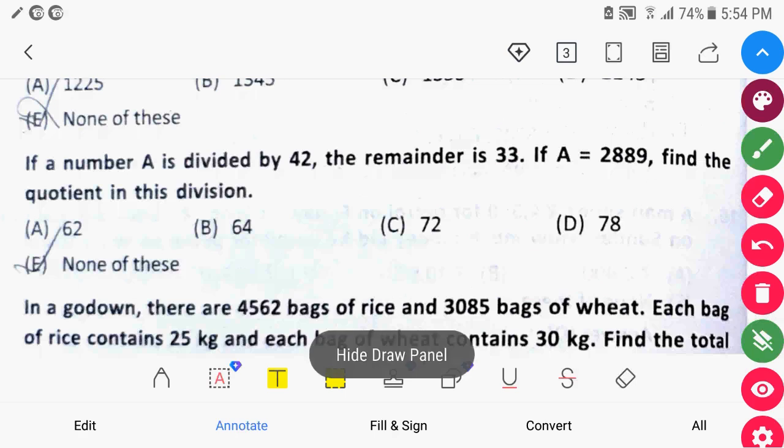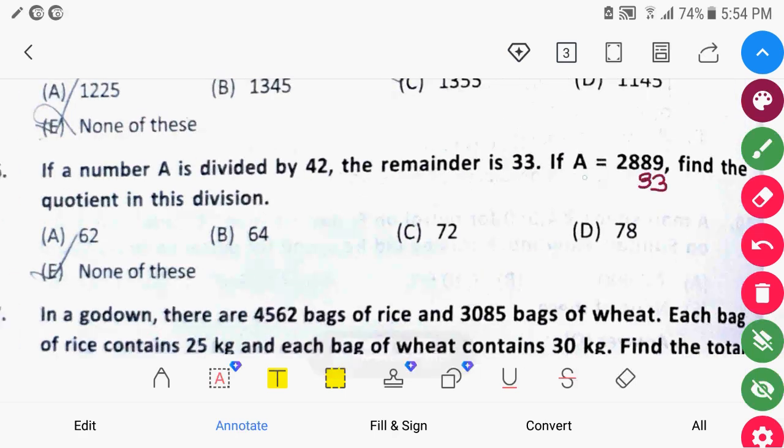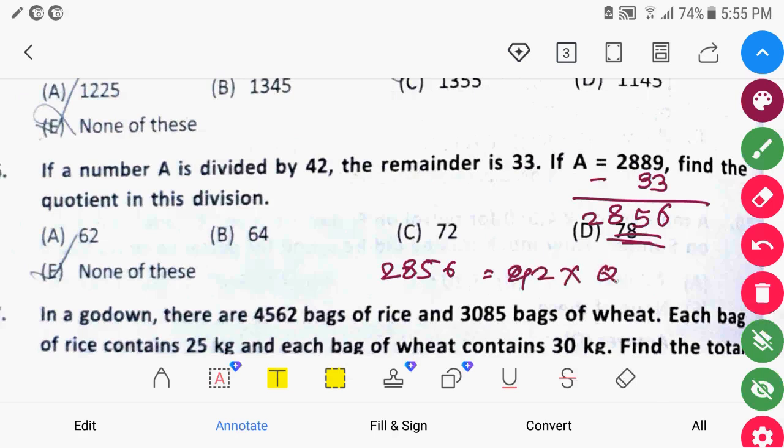So 2889 minus 33, we got the answer as 2856. Now 2856 is equal to this divisor, which is 42, multiplied by the quotient. So this 42 is in multiplication with the quotient here, so it will go to the division. Now divide this 2856 by 42 so that you get your answer as the quotient.